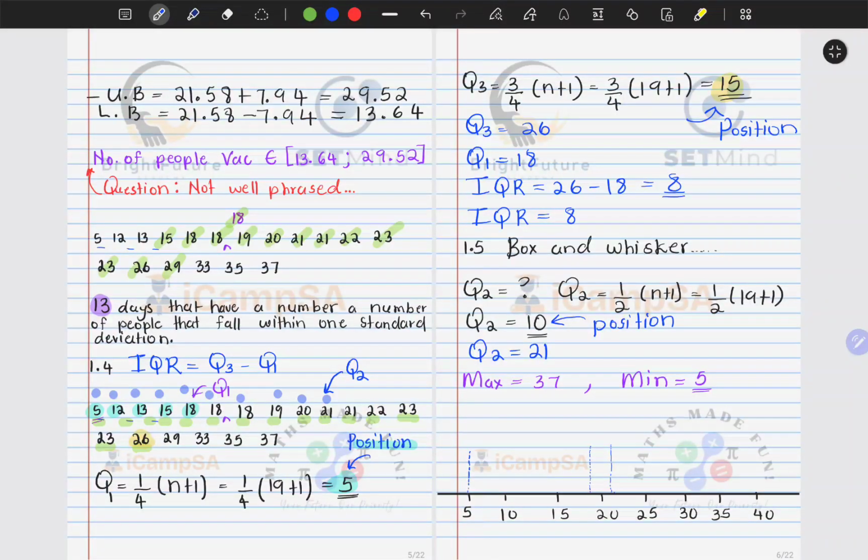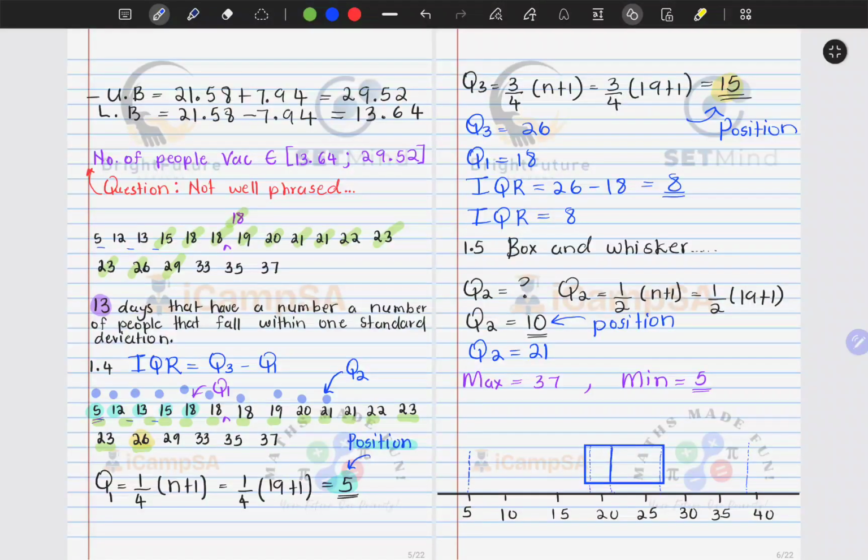If we look at our Q3 above, it is 26, so that is just after 25. You can have that there. Then we look at our maximum, which is 37, just before 40. So let's go ahead and have our box. Our box is going to be something like this.